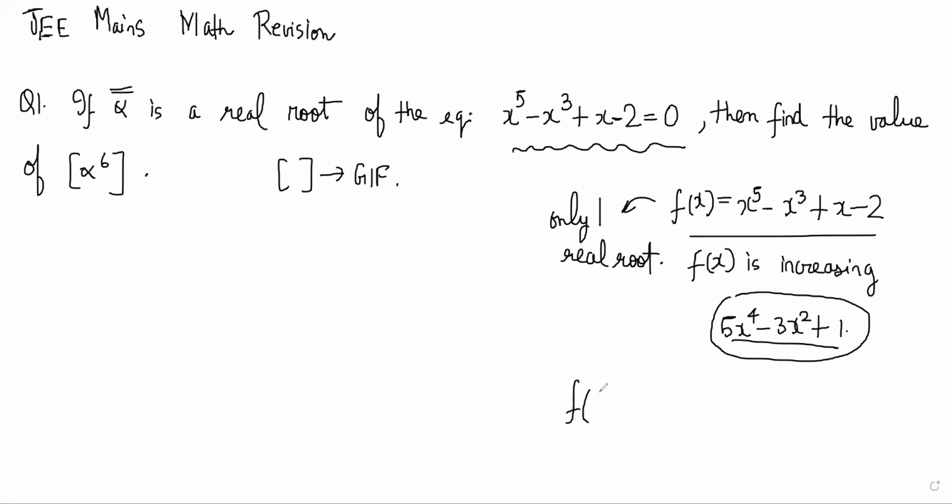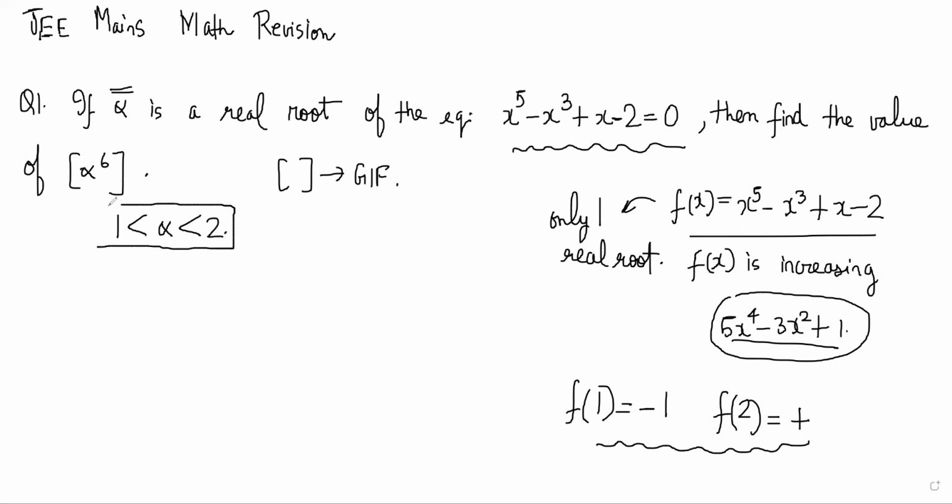If you put 1, you get 1 minus 1 plus 1 minus 2, so minus 1. If you put 2, you'll get 32 minus 8 plus 2 minus 2, so it's positive. So alpha lies in between: 1 is less than alpha is less than 2, right?